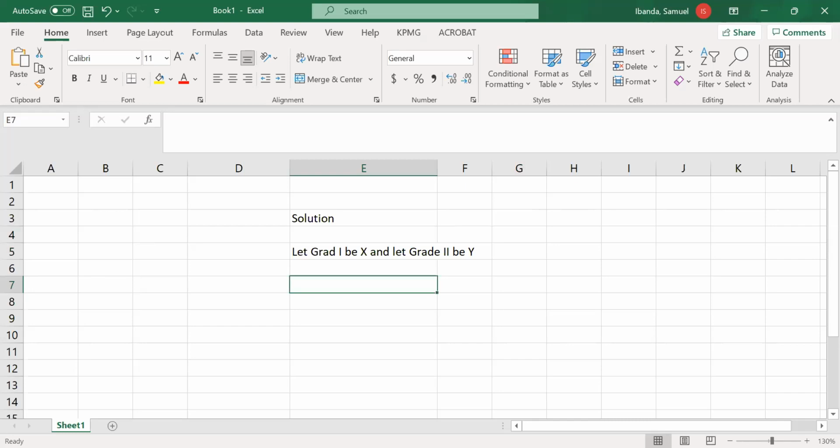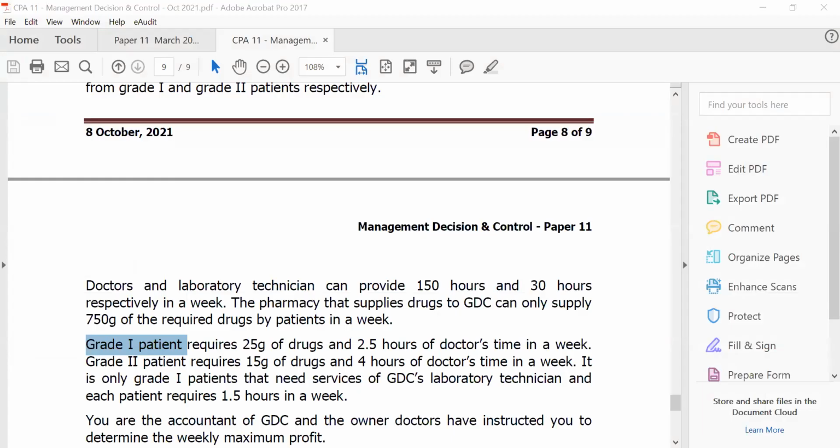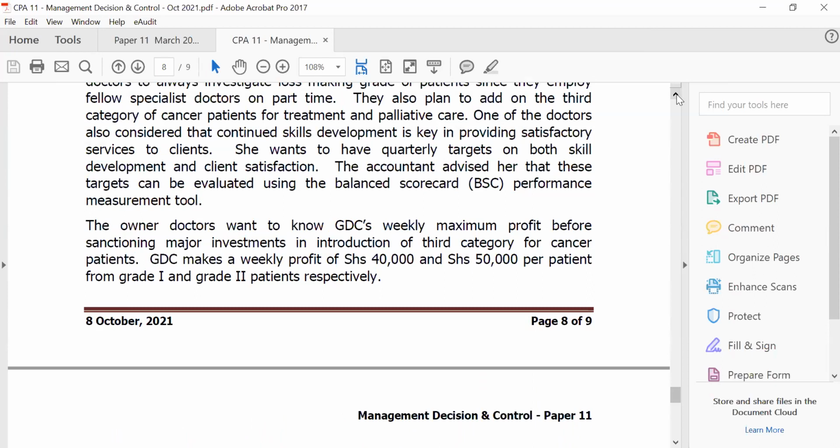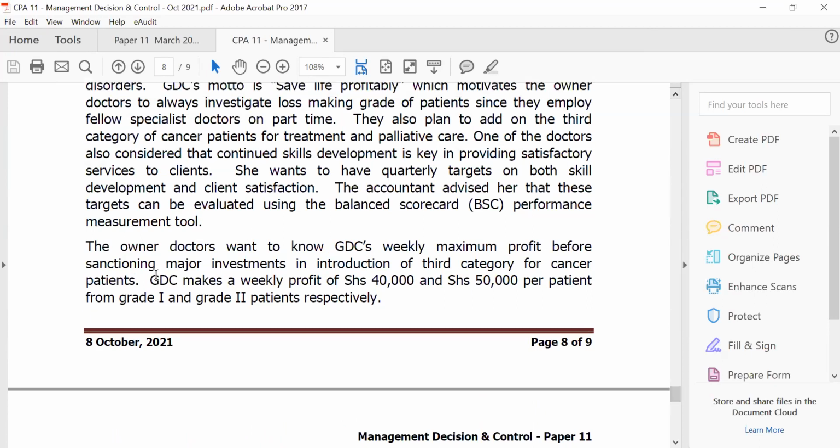Once I've come up with the variables, I'm going to come back to my text and see if I can start making my equations. So let's start right here. They are telling us that GDC makes weekly profit of 40,000 and 50,000 per patient from grade 1 to grade 2 respectively.